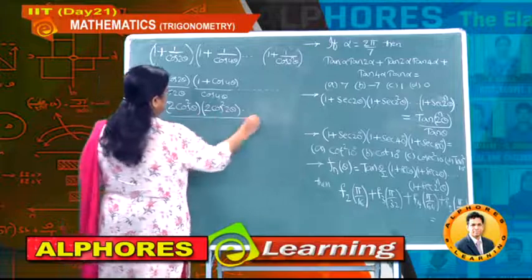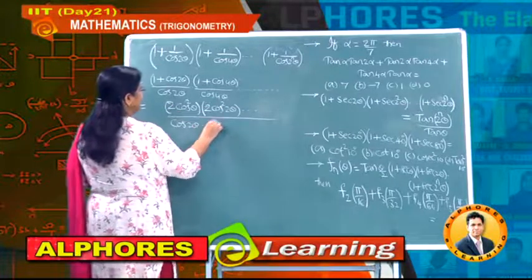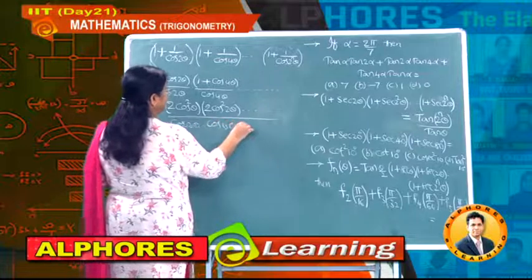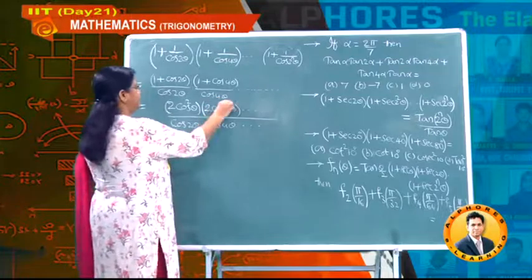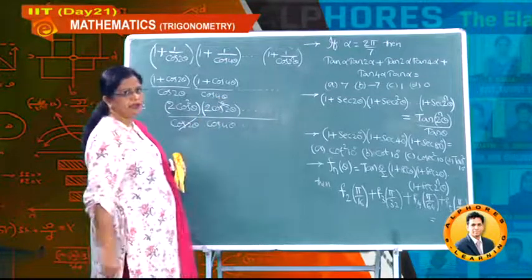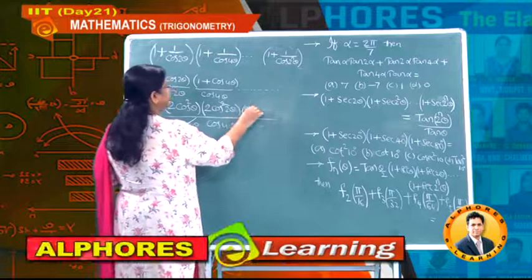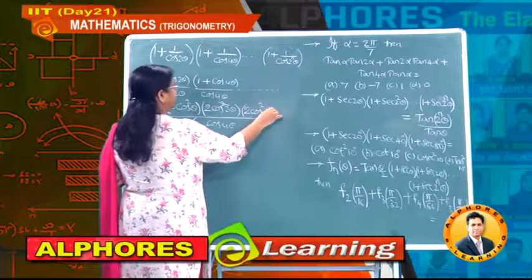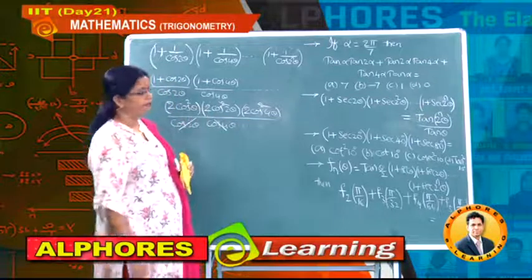Denominators are cos 2 theta, cos 4 theta, etc. Now one cos 2 theta gets cancelled, and the next term is 2 cos square 4 theta, say. Then again this term and this term get cancelled.